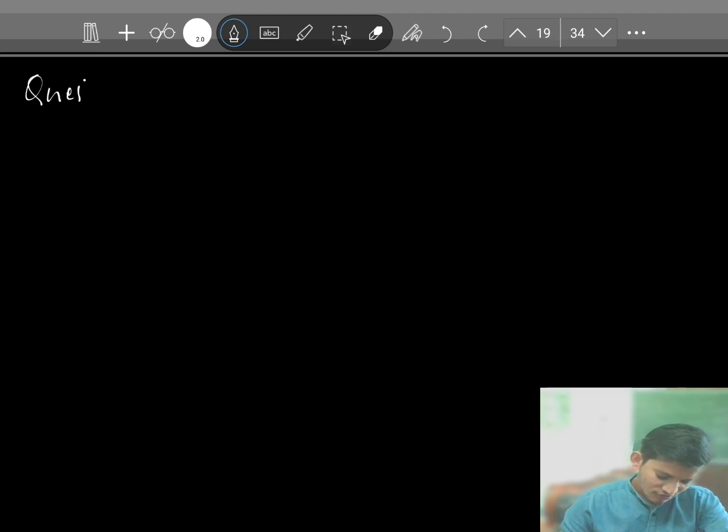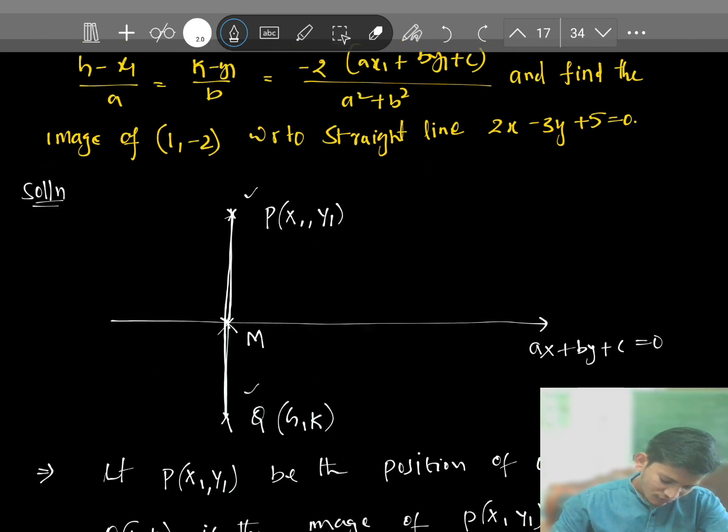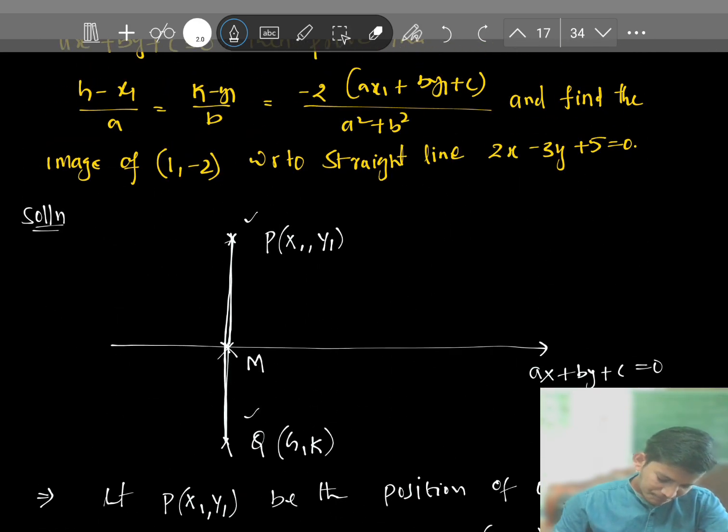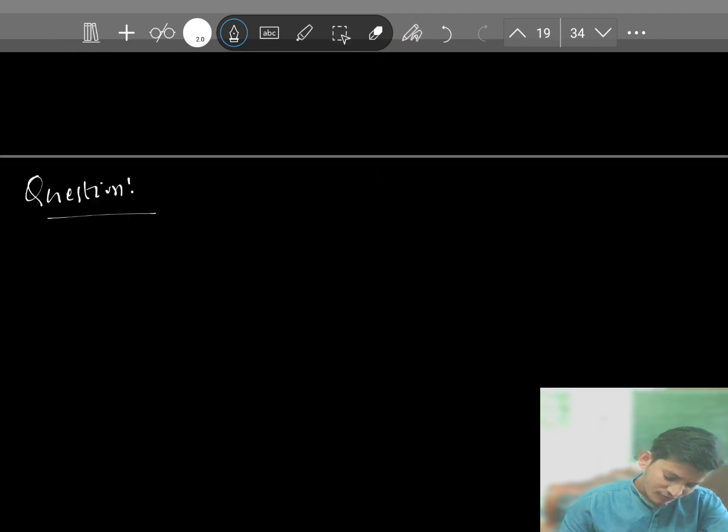So here the extension question is mentioned. Let's go through it. We are supposed to find the image of (1, minus 2) with respect to the straight line 2x minus 3y plus 5 equals to 0.